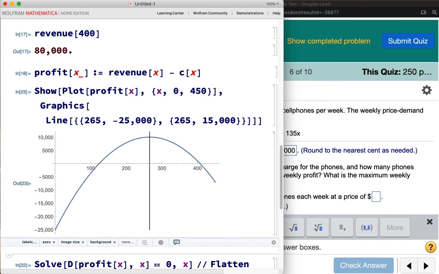So as you can see, the maximum point, the top point, seems to occur right over here, when x is equal to 265 cell phones per week.